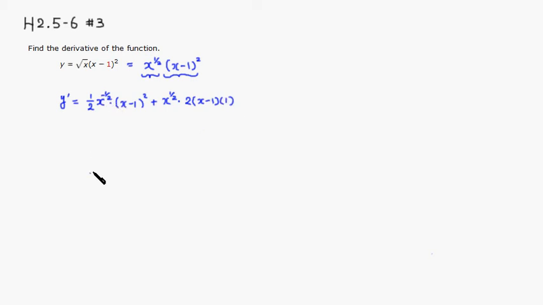Then we'll try to pull out the common factor. Since I don't want to deal with the negative power, I'm going to factor out 1/2 x to the negative 1/2, and also the quantity x minus 1.